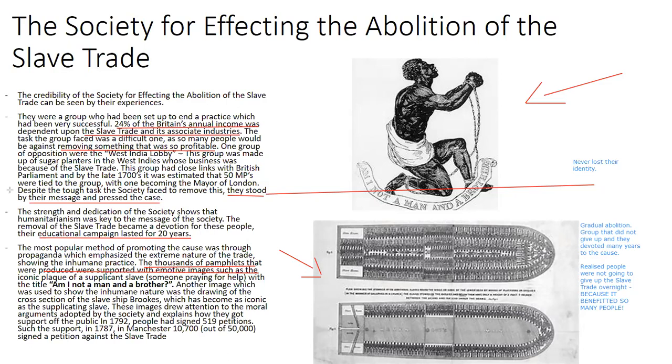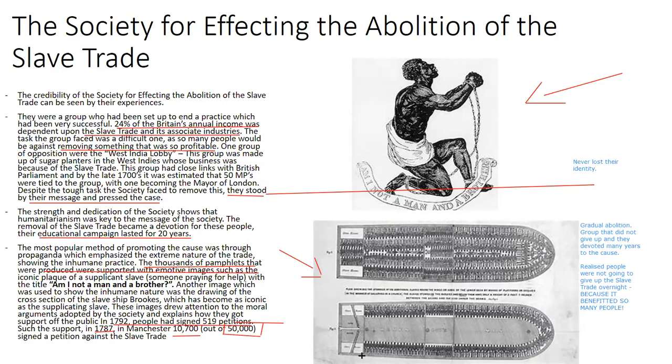Now, this is another key thing here. These images drew attention to the moral arguments adopted by the society, and it shows how they got support. By 1792, people had signed 519 petitions. One of the most significant aspects of support they got was in 1787 in Manchester. 10,700 people signed a petition against the slave trade, and Manchester's population was 50,000.